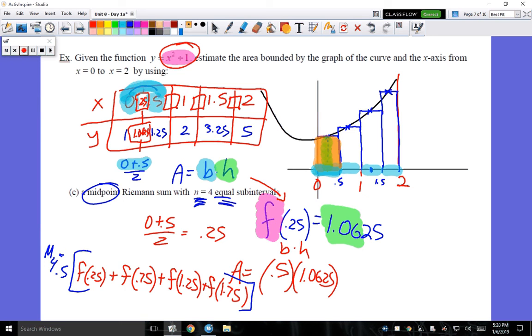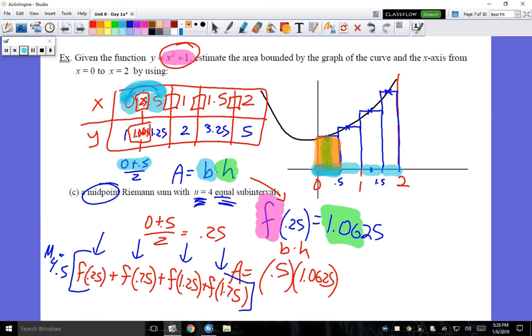If you're using the calculator, this is how you can write down your pieces. It's best to just write f of 0.25.